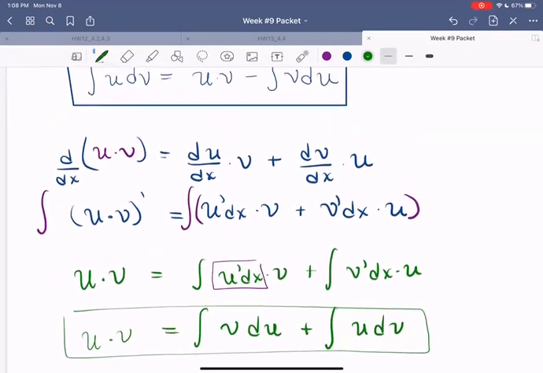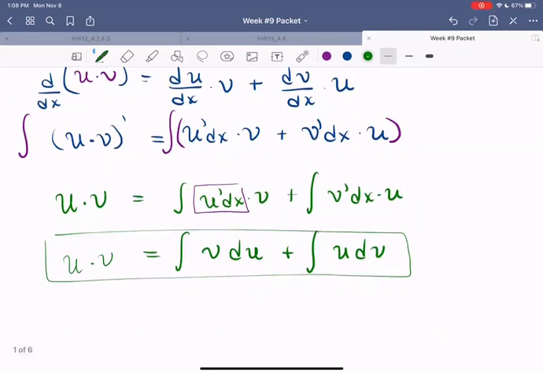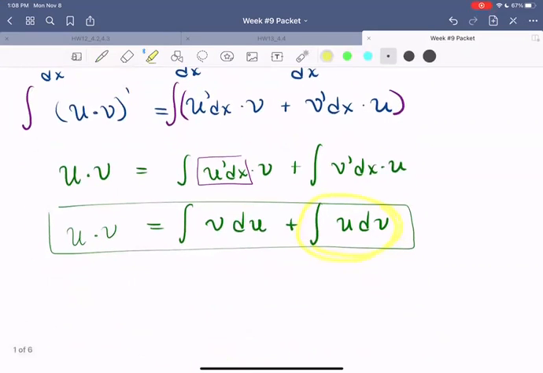So now suppose I want to solve for an integral of this form. Actually, we'll use this form because that's how we're used to writing integration by parts, with our u function and dv. So suppose I know I want to compute this. In other words, I want to solve for this integral. So what that means is I could just subtract the integral of v du from both sides.